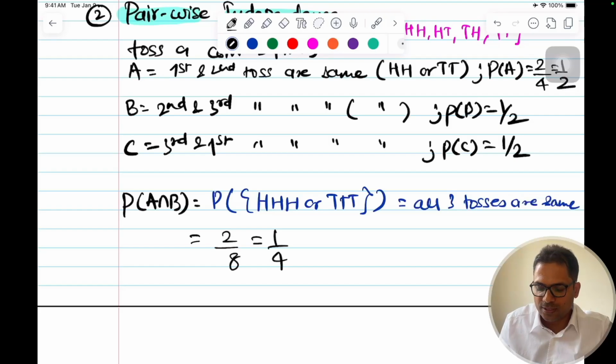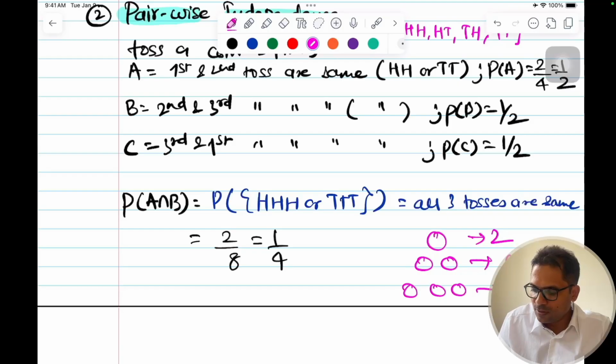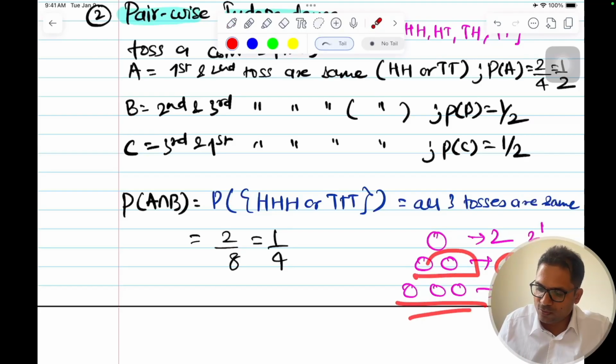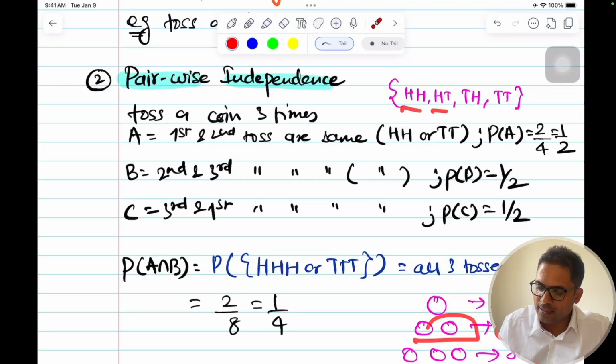Because if I have one coin, there are 2 outcomes. If I have 2 coins, there are 4 outcomes. If I have 3 coins, there will be 8 outcomes, right? This is 2 to the power 1, 2 to the power 2, and 2 to the power 3. I have shown you this example with 4 outcomes: head head, head tail, tail head, tail tail.